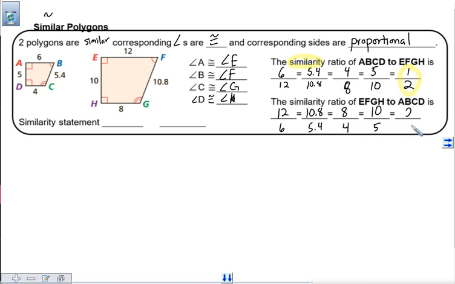And just like we had congruence statements with triangles, we have similarity statements with polygons. And polygon ABCD is similar to, notice that's just the squiggle, not the congruent sign, is similar to polygon EFGH.